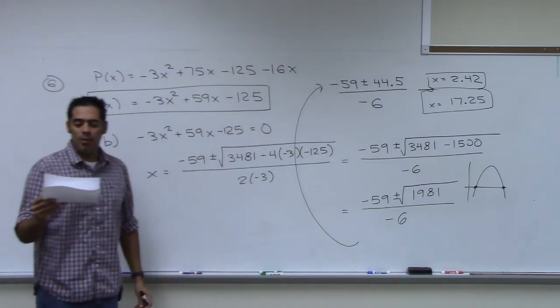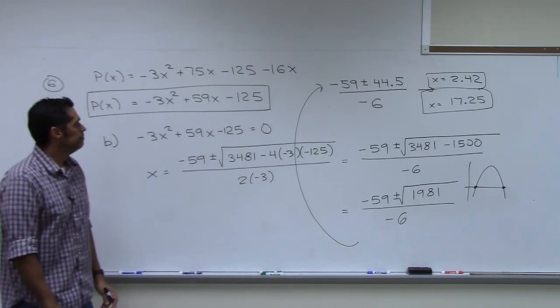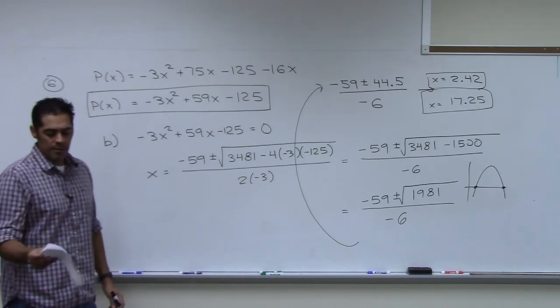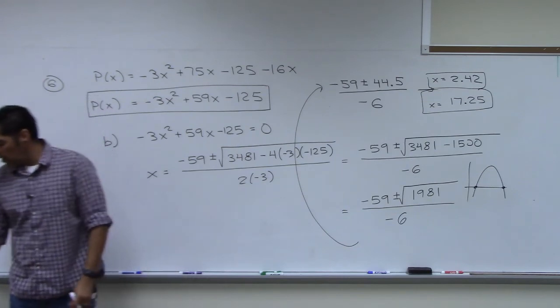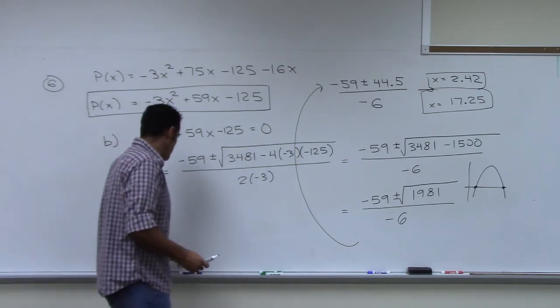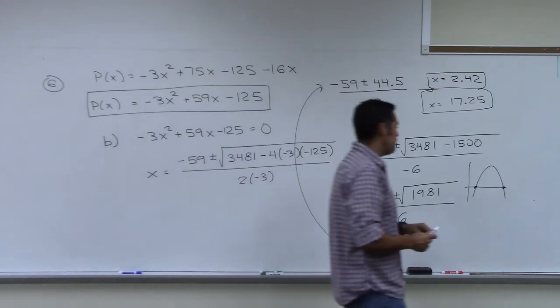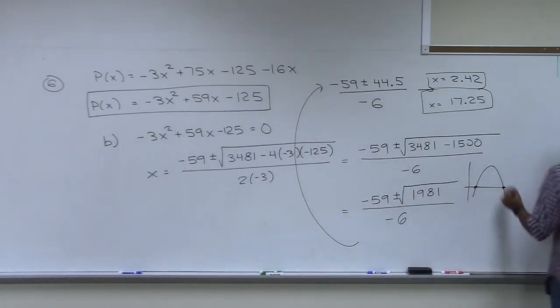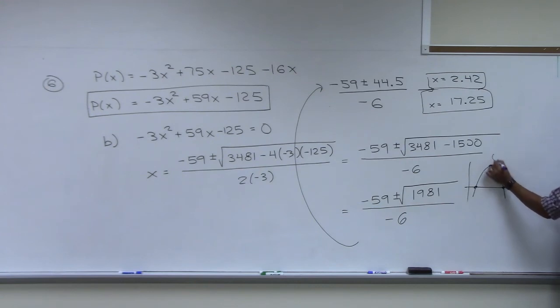What is the maximum profit? And then part D, for what x value do you get maximum profit? So what is that really asking me for, part C and part D? What's the highest point? It really wants to know H and K, doesn't it?